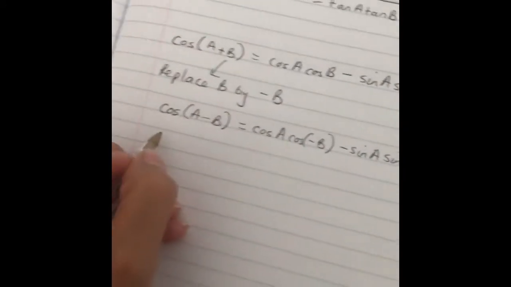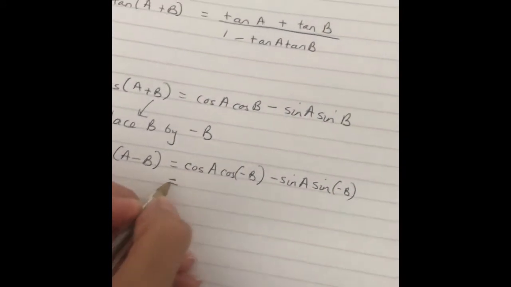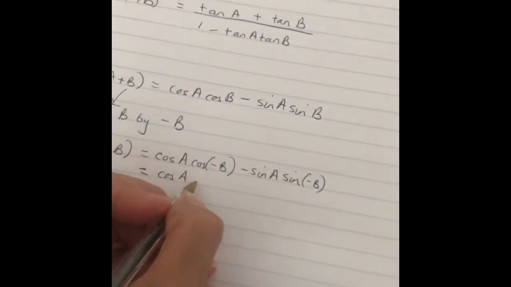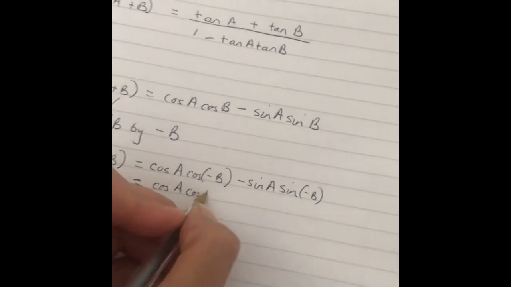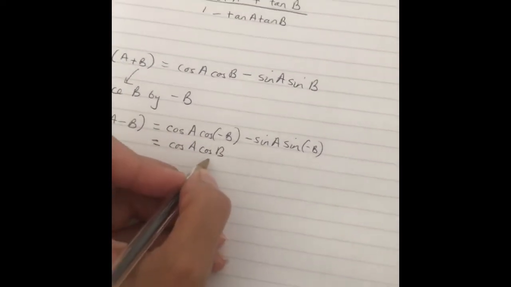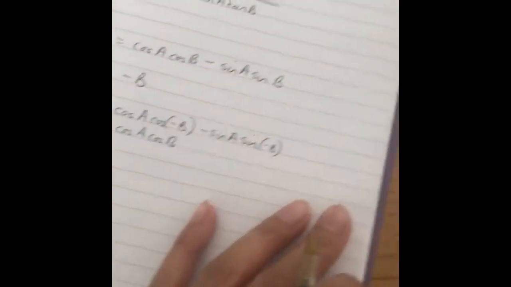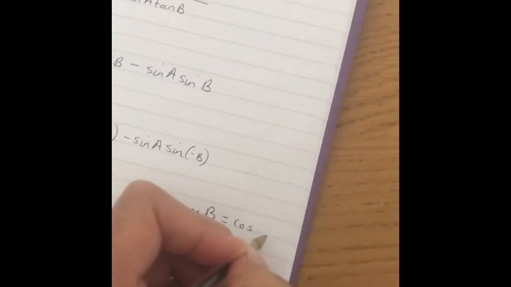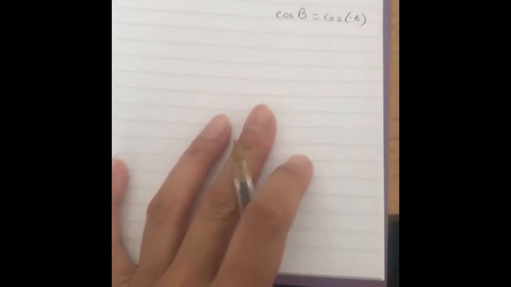That gives me that cos of a minus b is cos a, and cos of minus b is equal to cos of b. So cos of b is equal to cos of minus b. You can check that with any calculator.